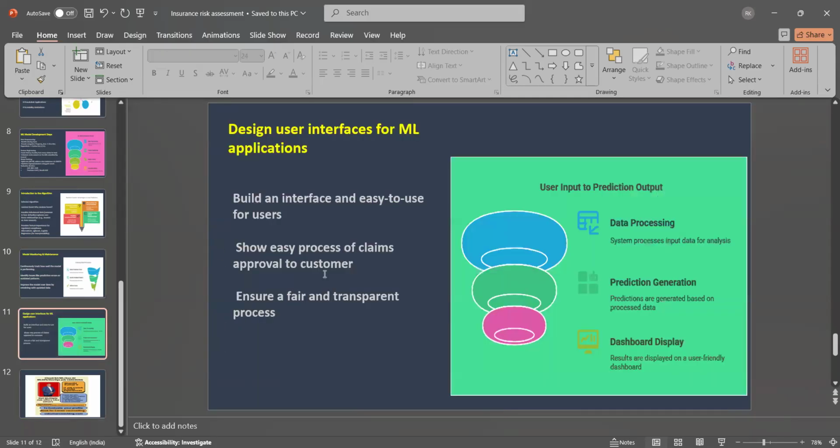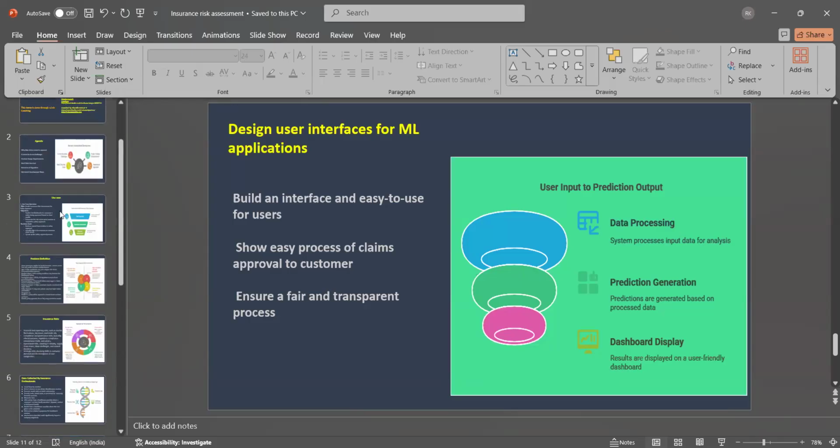And design a user interface for the ML application. Here I build an interface that is easy for users to use. Show an easy process of claim approvals to the customer and ensure a fair and transparent process. The customer comes and easily uses this model, and the data stays fair and transparent. I'm trying to give this to the customer.